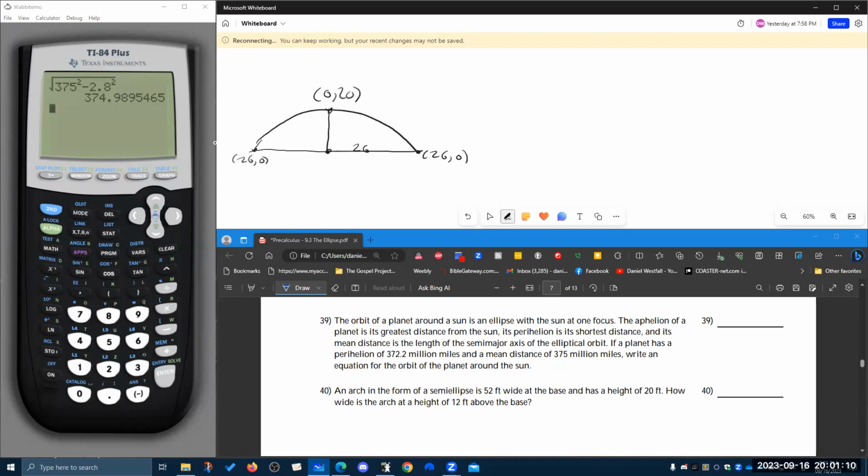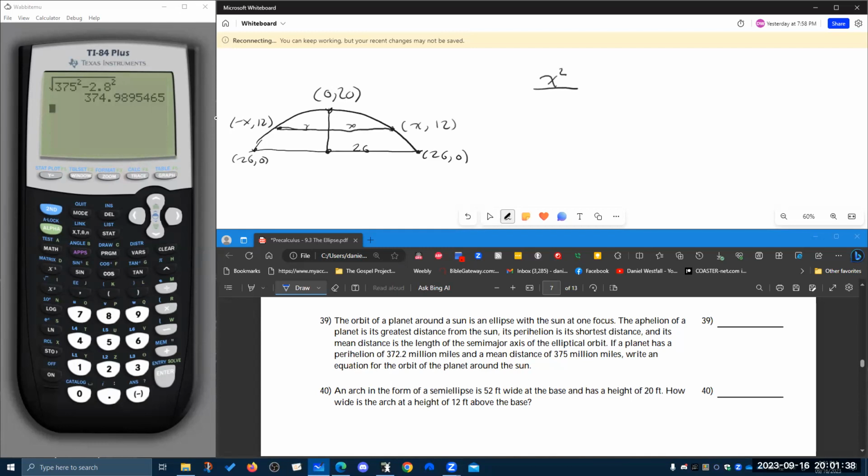They want us to figure out how wide the arch is when we are at a height of 12 feet. So there's some negative x 12 and some positive x 12, and our answer is going to be 2 times x. It's going to be this x and this x together.